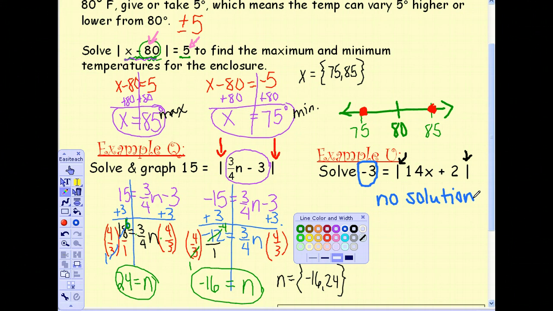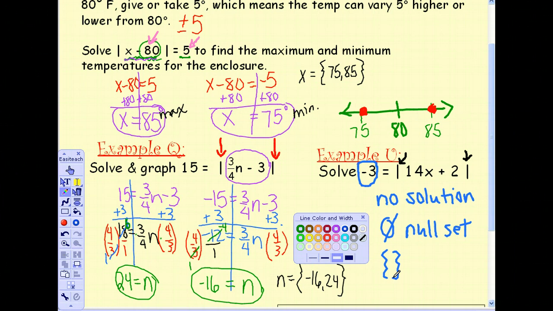Okay? There's a couple more ways of writing no solution. One of them is a circle with a line through it. Another one is called a null set. And another way of writing it is with two brackets with nothing in between it. So using that set notation, but it's empty in there.